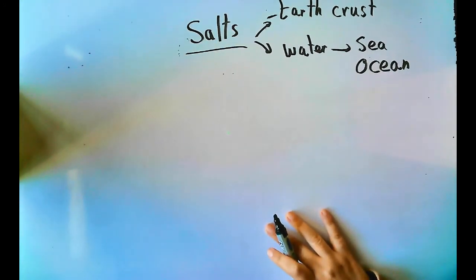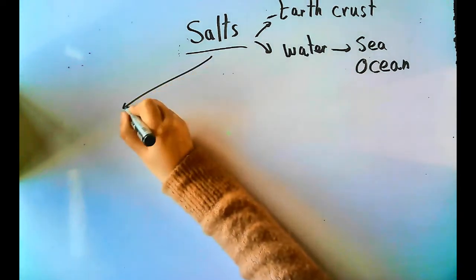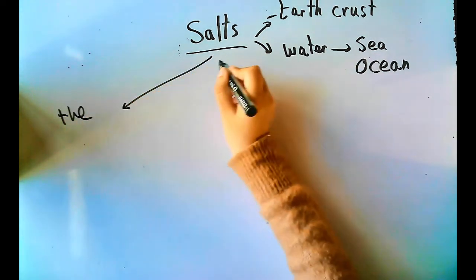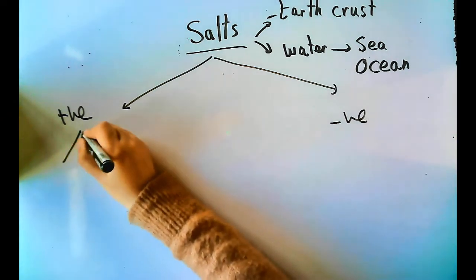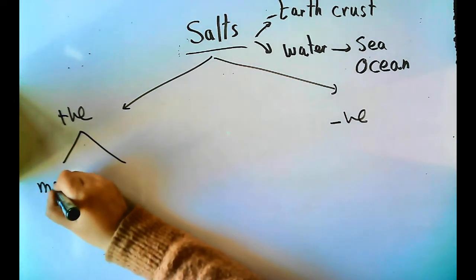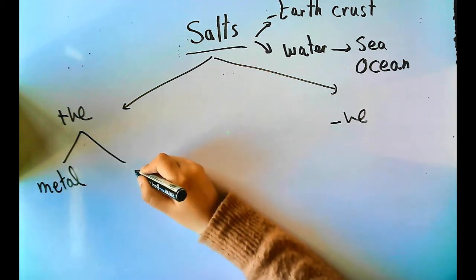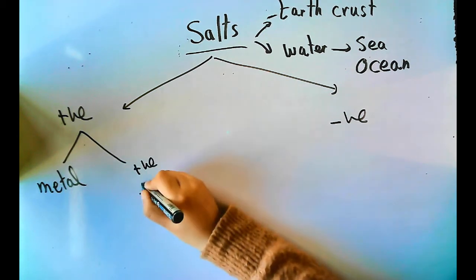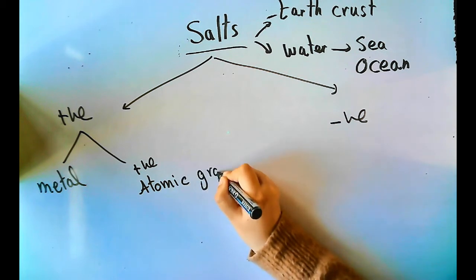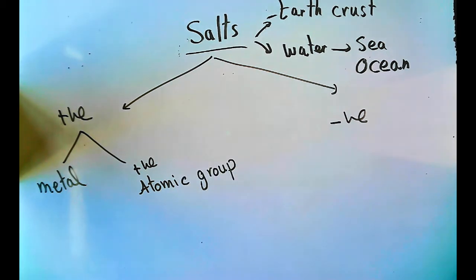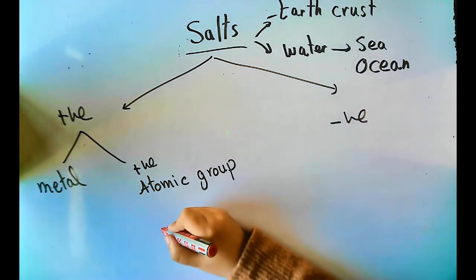Salts, what is the chemical formula of salts? Salts are compounds resulting from the combination between a positive and a negative part. This positive part may be a metal or a positive atomic group. What is the positive atomic group that we studied?